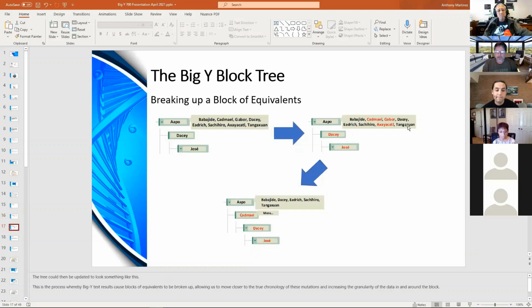You'll never see this, right? This is this in-between state, and you notice that they've broken up the block. And so now you have these three guys in their own block subordinate to this block. We've just split the block, right? And this couldn't have happened without that tester joining the group. So remember, big Y is a team sport. And in order to re-engineer that book, I need testers.